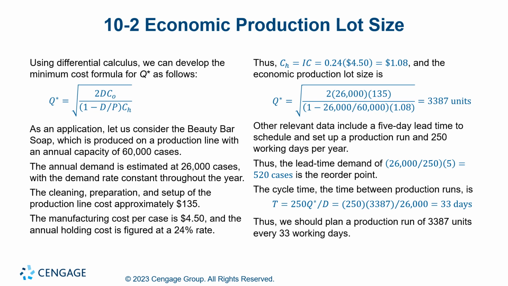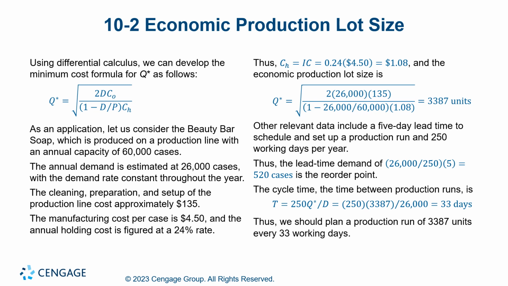The cleaning, preparation, and setup for the production line costs approximately $135, the manufacturing cost per case is $4.50, and the annual holding cost is figured at a 24% rate. And therefore CH is equal to I times C, which is 0.24 times $4.50, which is $1.08 per item. And what is the recommended production lot size?